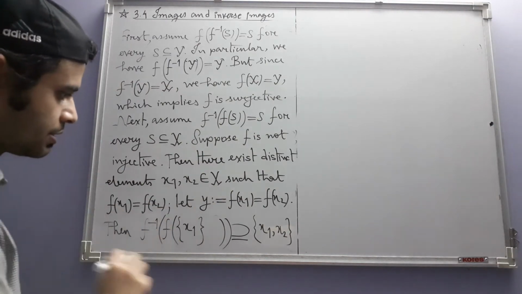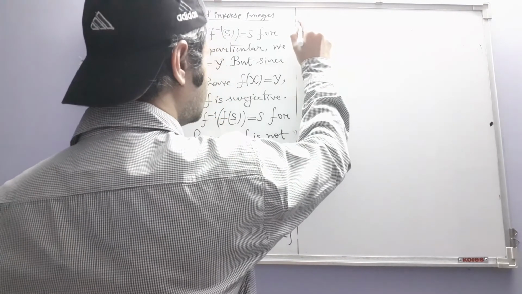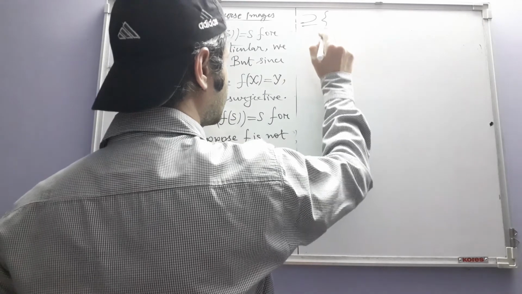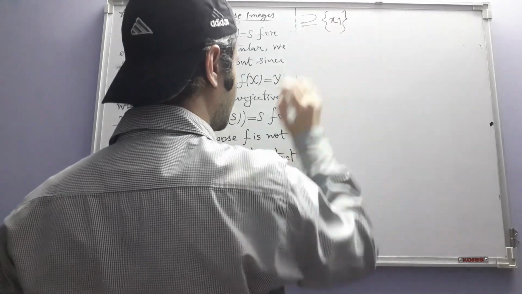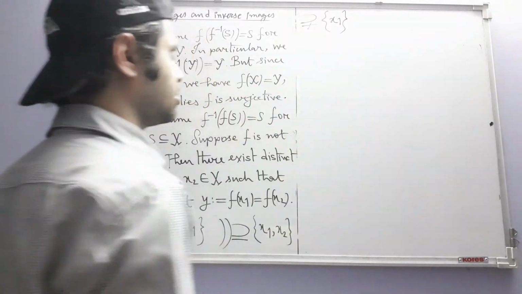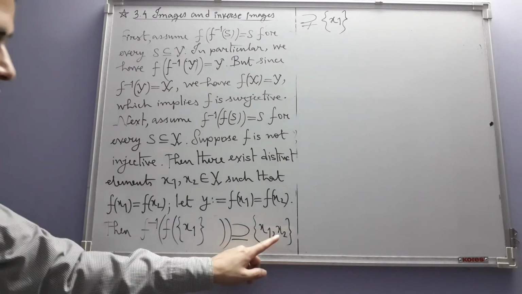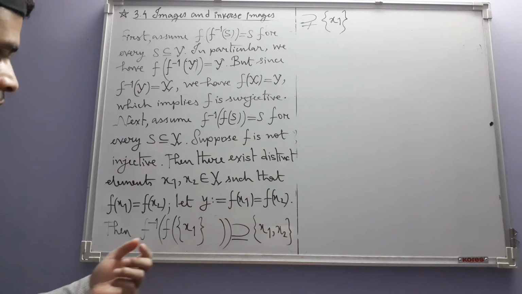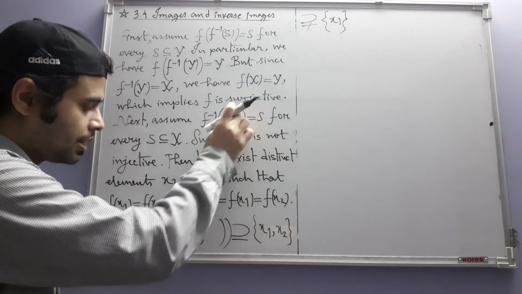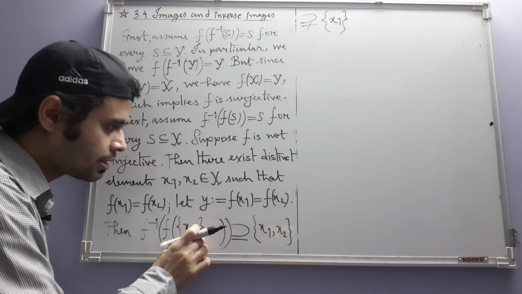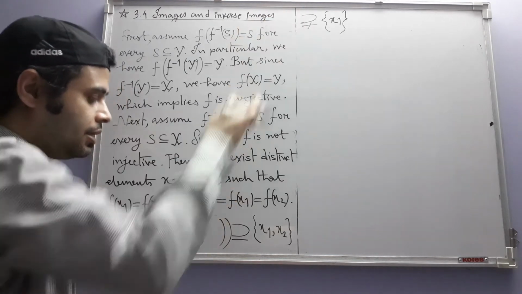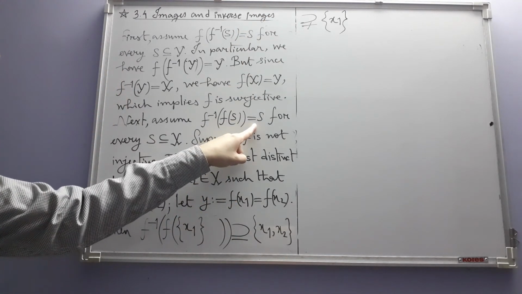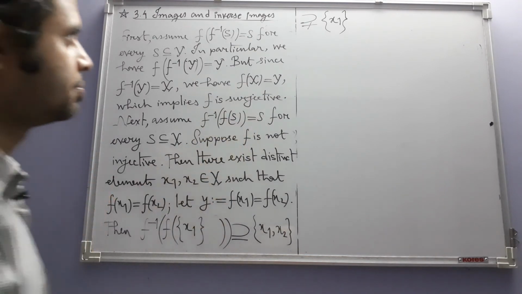Now note this. This also is a superset of {x1}, but it is a proper superset. Why? Because x1 and x2 are different, they are distinct, right? So if we replace S by the singleton set {x1}, we don't have equality here. It goes against our hypothesis, and that is the contradiction.